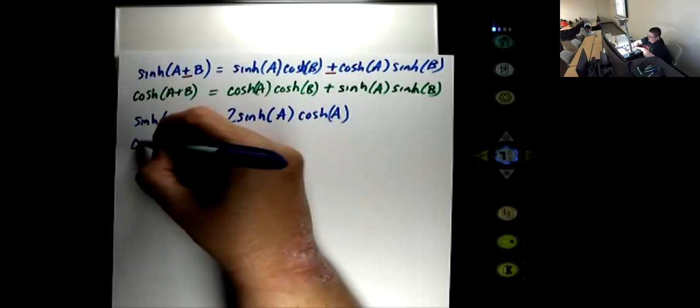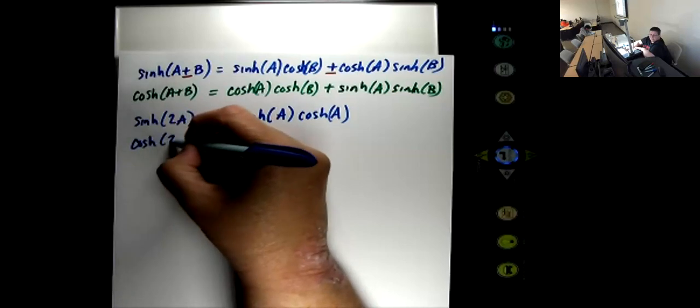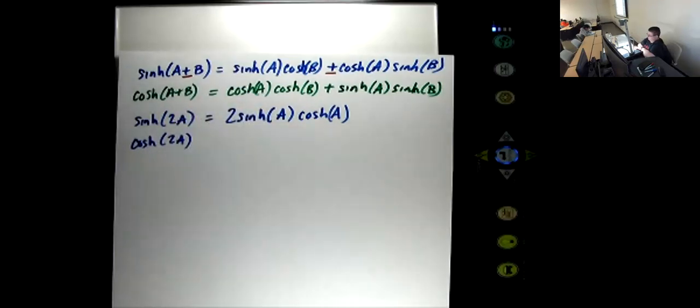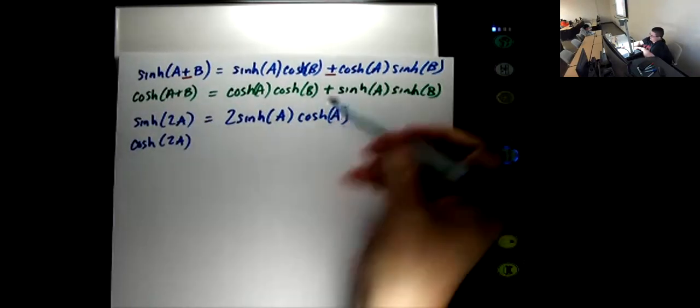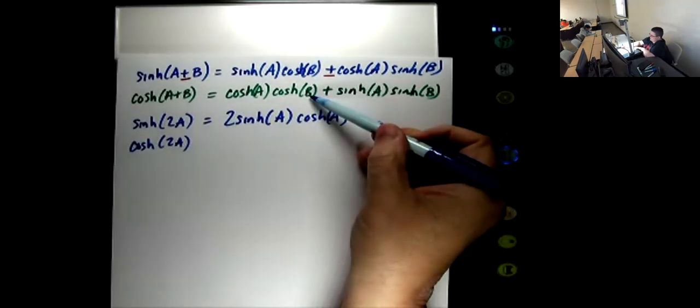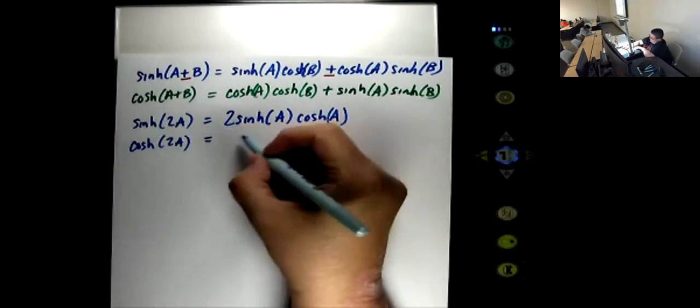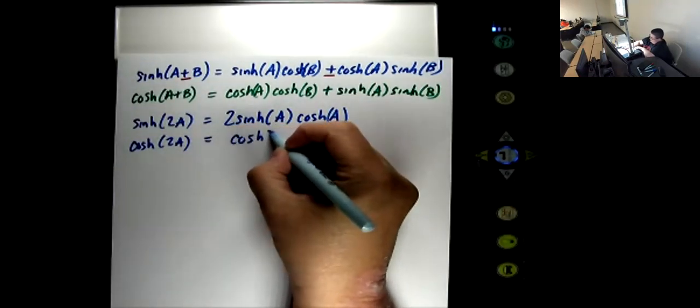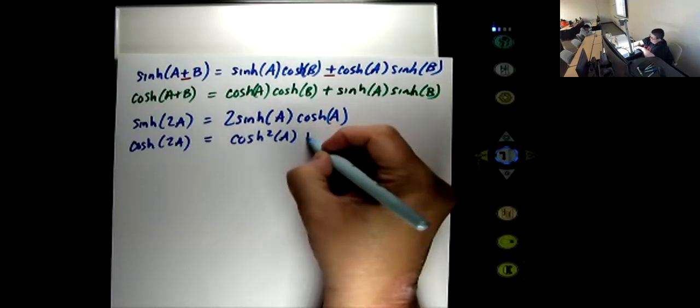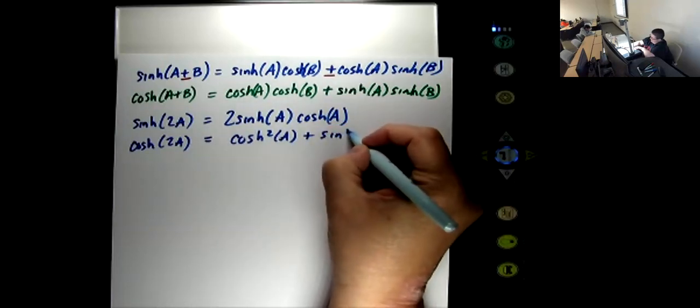And when we have cosh of 2a, this is just replacing the b's with a's. That's effectively where this comes from. We get cosh squared a plus sinh squared a.